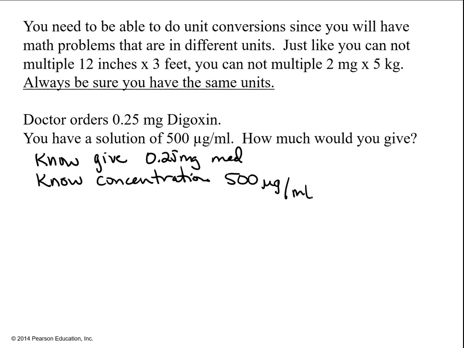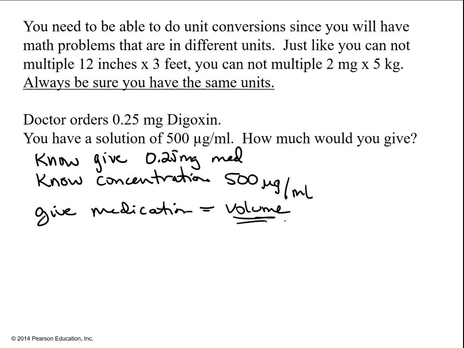Concentration, and I know the amount, the mass that I need to give. So you can take your dose times concentration to figure out, we'll set it up this way. When I give this medication, it is a solution, so the amount that I'm going to have to give is going to need to be some kind of volume.